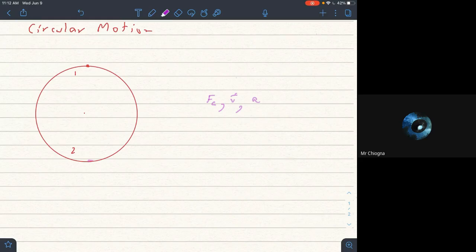Centripetal force, centripetal acceleration, and velocity. Draw it for each of those corresponding points, point 1 and 2. What are the directions? And what is constant?